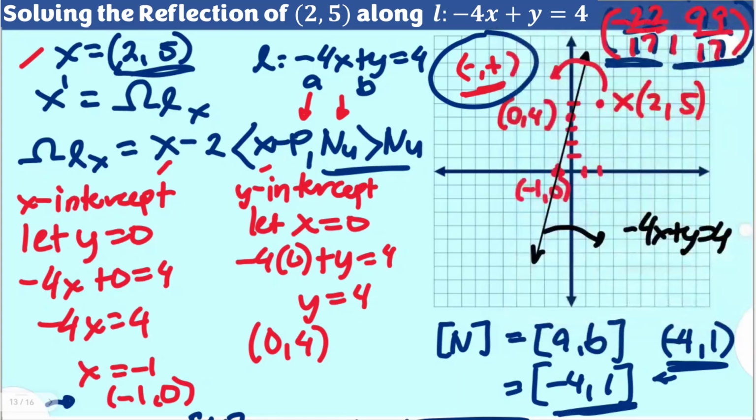So negative 1, negative 2, somewhere here, negative. And then 99 divided by 17 is 5.8 approximately. So you have 1, 2, 3, 4, 5, somewhere here, also almost 6. By connecting that, this is the location of your x prime, or your reflection of x along line L.